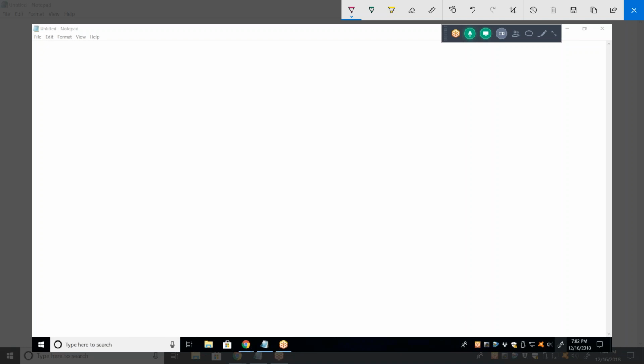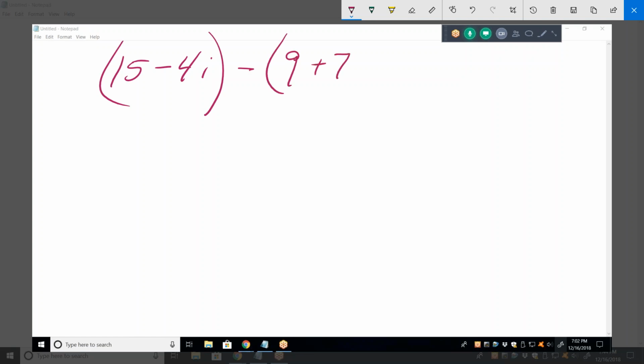The next problem is 15 minus 4i, in parentheses, minus 9 plus 7i, also in parentheses. Adding or subtracting is really simple. You add or subtract the reals, and you add or subtract the imaginary.